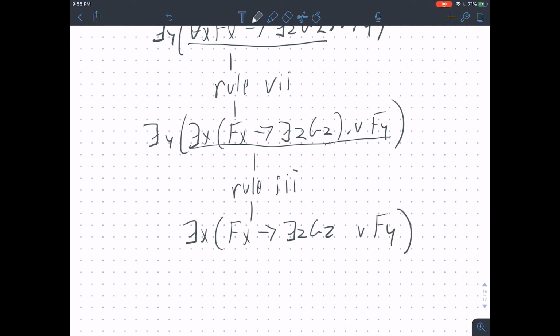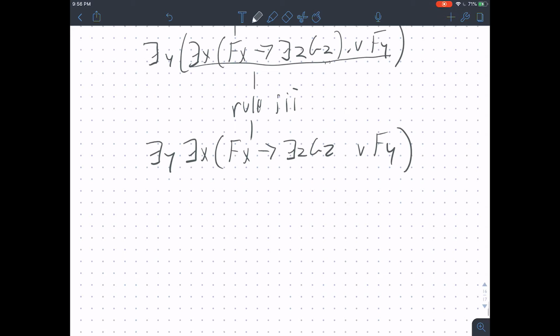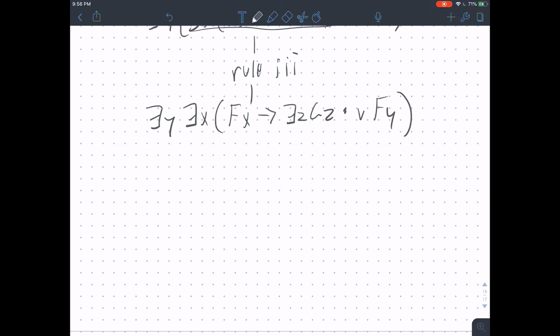That's what that gives us. We're just working on the underlined portion, and then all we have to do is bring down the existential quantifier that binds y. Oh, and we need dots there.